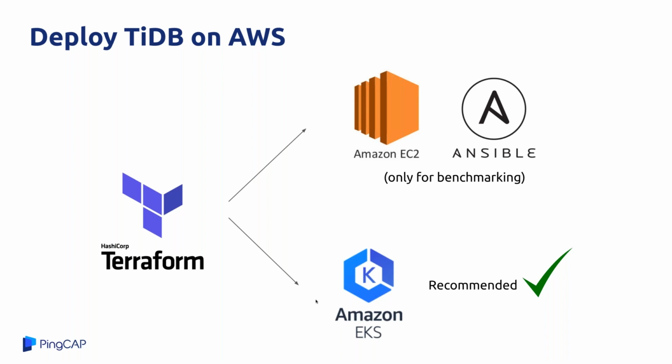Or we can use EKS, because TiDB supports Kubernetes deployment. So that means we can also support EKS, and it is the recommended way for deploying a production TiDB cluster on AWS.